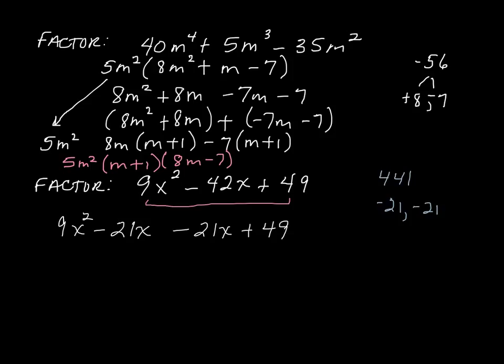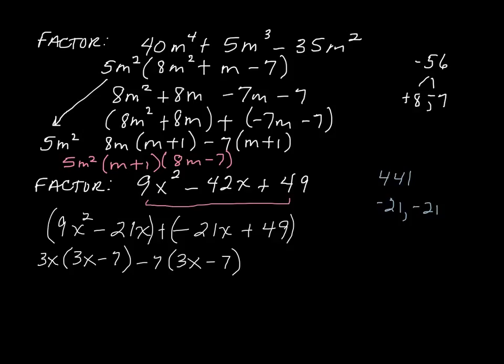Okay, so that now we can group the first 2 terms and the second 2 terms. Looking at the first one, we can factor out a 3x, and it leaves us a 3x minus 7. The next one, we can factor out a negative 7, and it leaves us a 3x minus 7.